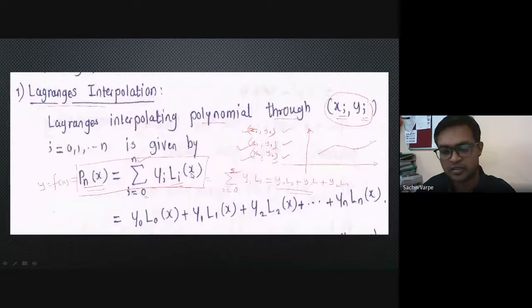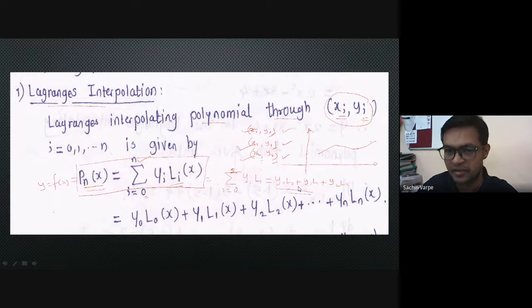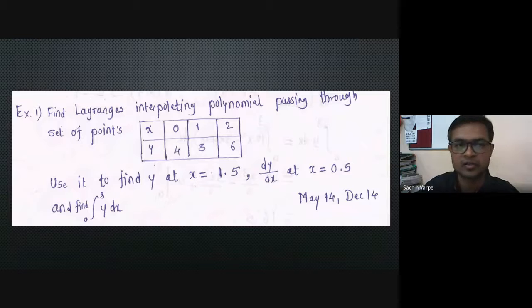So the first question is here. The polynomial is Lagrange's polynomial, which is y equals Pn of x, which will be a summation of yi li like this, for the given points. So see the first example. Find Lagrange's interpolating polynomial passing through this set of points. These are xi values and these are yi values.